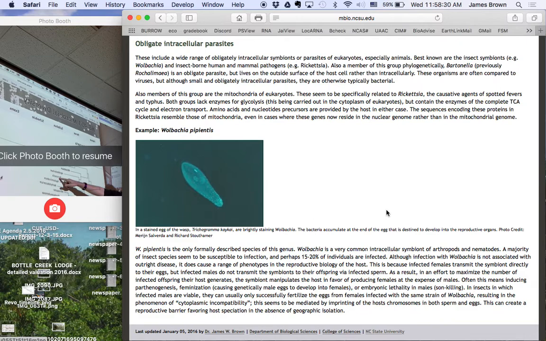Wolbachia is not capable of infecting sperm and having that transmitted. That means that if this is a male egg, these Wolbachia cells are an evolutionary dead end. They can infect that male, but it will go no further than that. And so half of the Wolbachia in that mother's oviduct would be destined for dead ends.